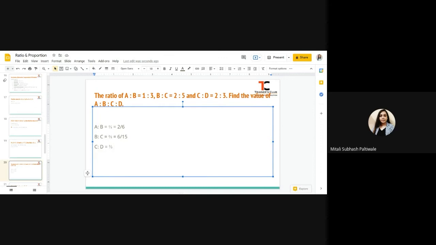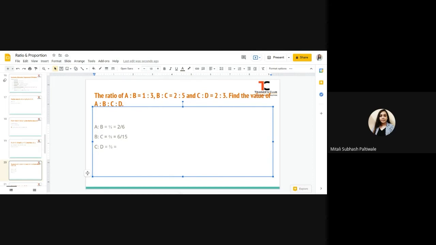Now again we have to equalize both of them. So let's do one more thing.